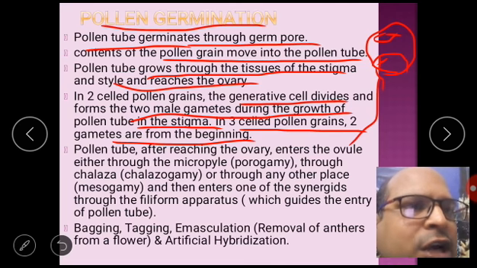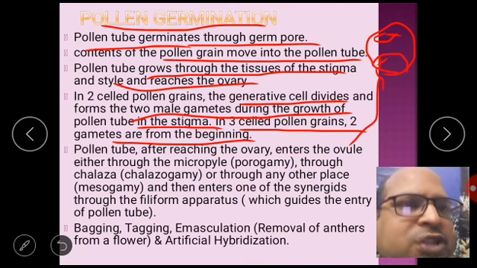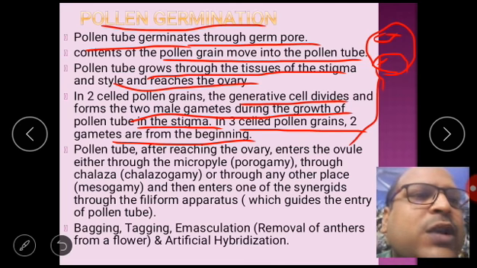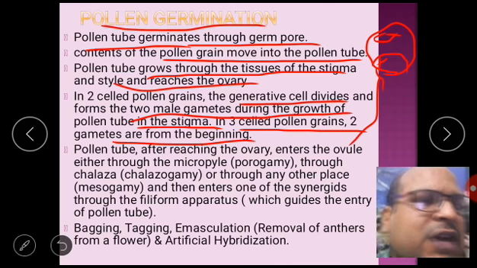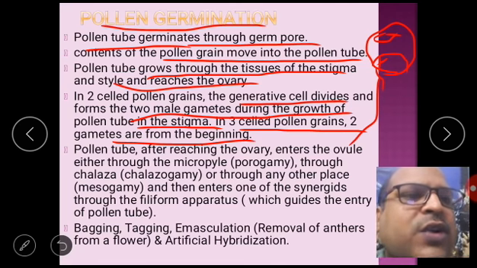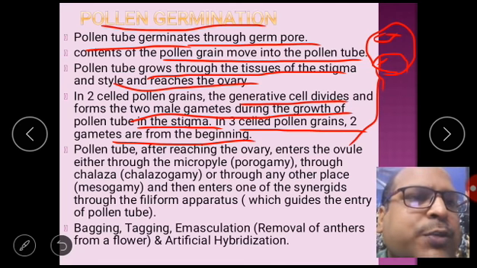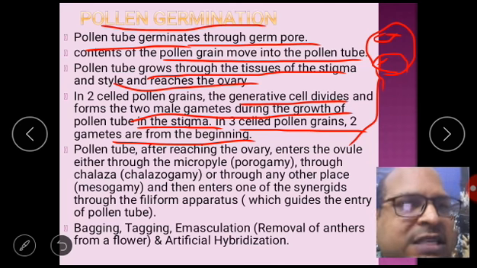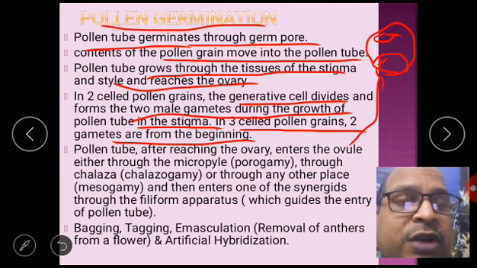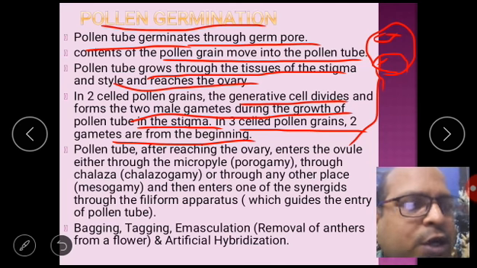If it is not divided, then it must have only a single nucleus. So if it has a single nucleus, automatically this nucleus should undergo division and produce two nuclei. That means two male gametes. So that production of two male gametes will occur during the germination of the pollen tube.